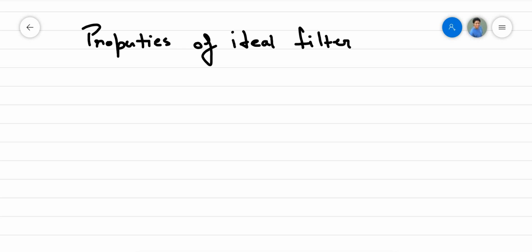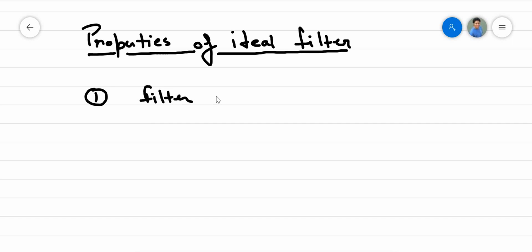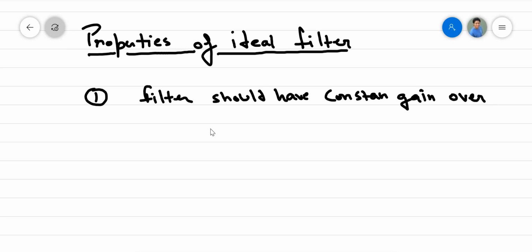So we'll go back again to the properties of the ideal filter. So the first part is, the filter should have constant gain over the passband.